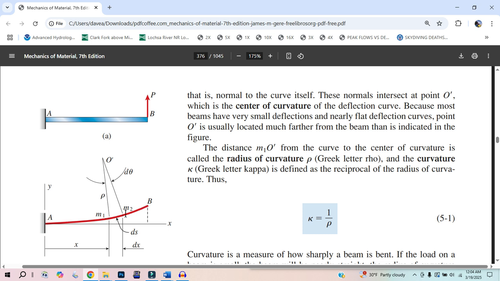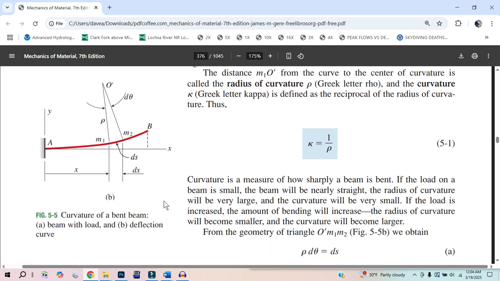But here, this is basically almost a straight line. There is no angle change. This tangent right here and this tangent at B are the same. I'm glad I pointed that out, because sure, A has an initial angle that's 0, but it has the most angle change because the moment is bigger.